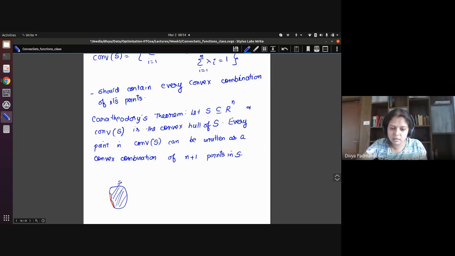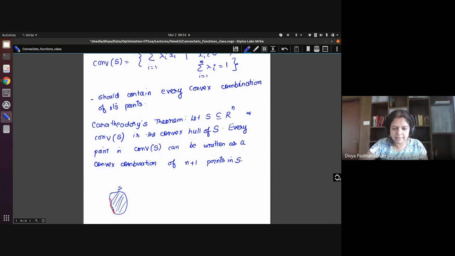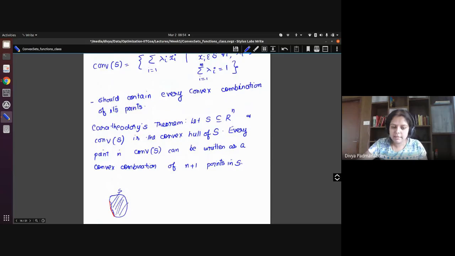Now, if the non-convexity is arising because of these portions, and if I add in this part as well, all these regions as well, then the set becomes convex. So the convex hull is this whole region S, and along with these points here. Okay, so that's the smallest convex set which contains S. Now, if S was originally convex itself, then the convex hull is just itself.